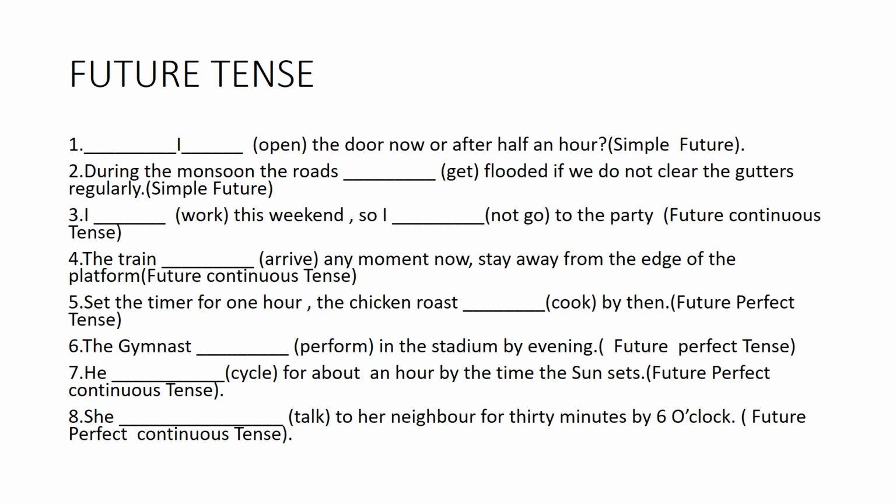So he will have been cycling for about an hour by the time the sun sets. Eighth example: she will have been talking, the subject is she, so will have been talking to her neighbors for 30 minutes by 6 o'clock.